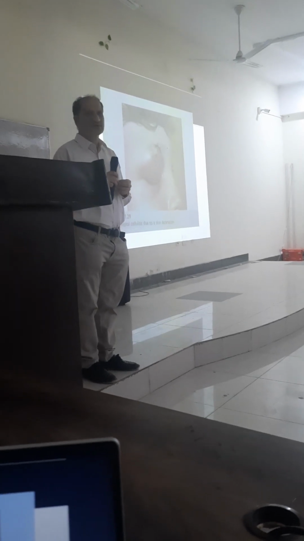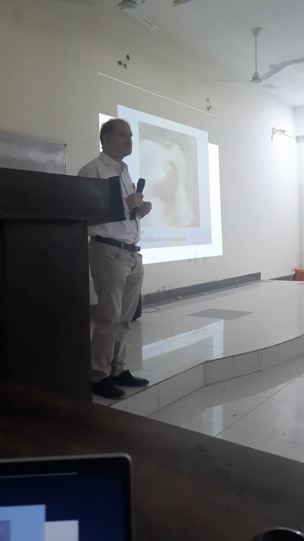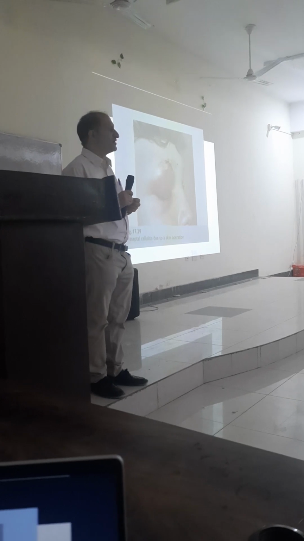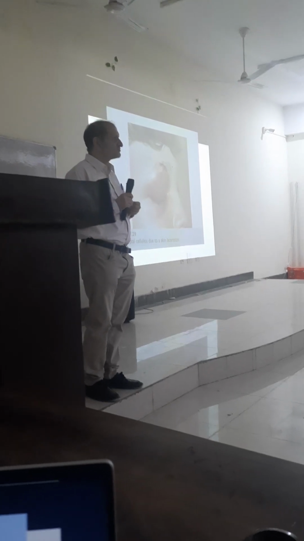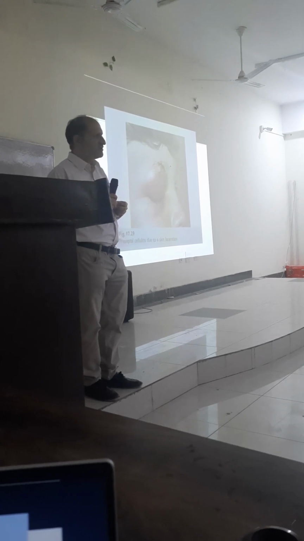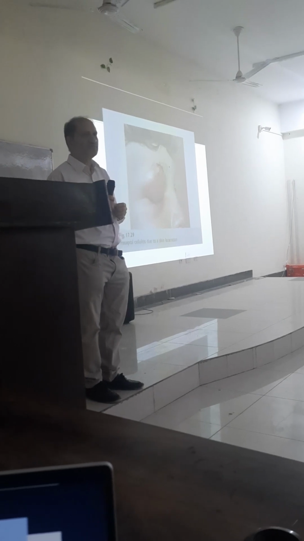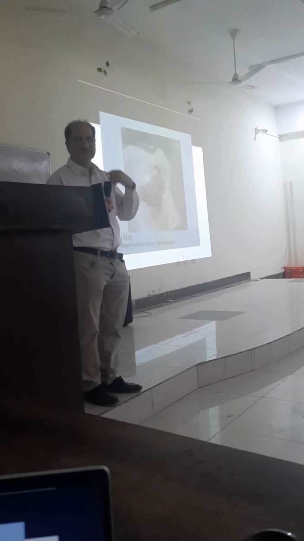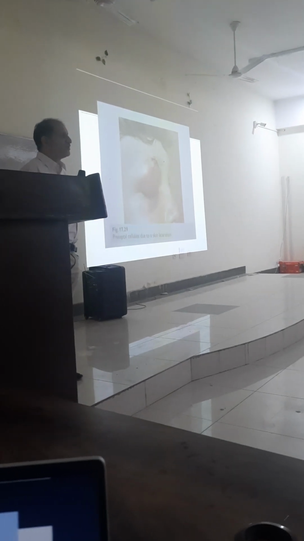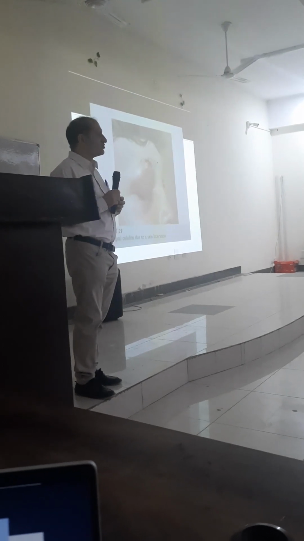One more important cause is endocarditis, infective endocarditis, also called septic endocarditis, because there are septic emboli coming from the valves of the heart, which can lodge anywhere in the body. That's called embolic orbital cellulitis.